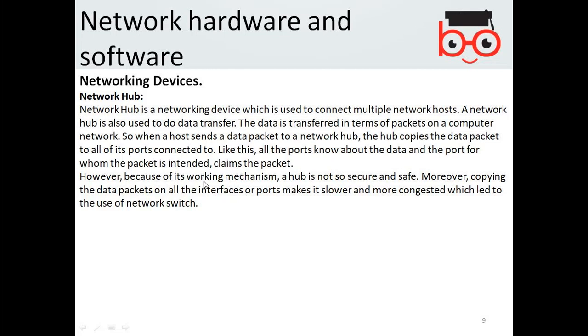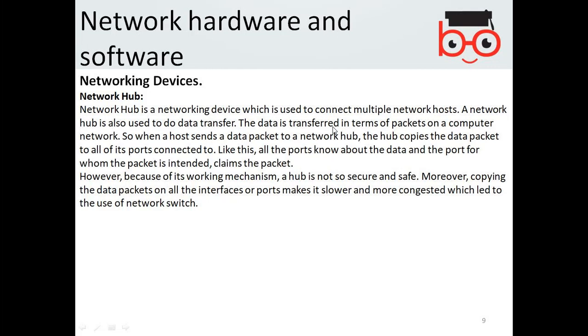However, because of its working mechanism, a hub is not so secure and safe. Moreover, copying the data packets on all interfaces or ports makes it slower and more congested, which led to the use of the network switch. So, know that the hub was the initial device, and it used to send data to and from the devices, which are called hosts.